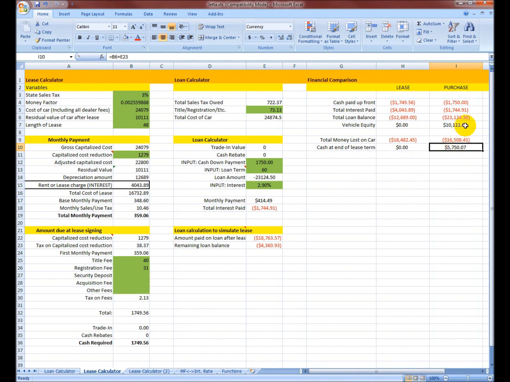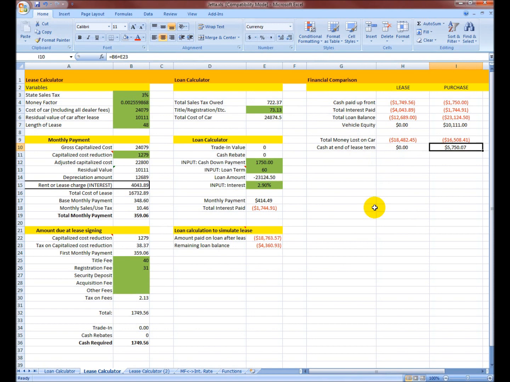The reason it's not this full amount is because, let's say we turn the car in at 48 months. However, we did a 60-month loan, and so there is some money left on the loan. There's about $4,000. So we take the $4,000 and subtract it from the vehicle equity, and that's what we end up getting as real cash back at the end of your purchase.